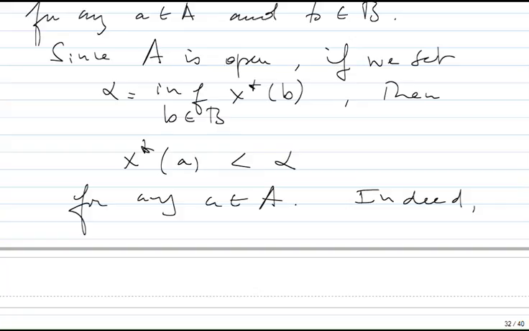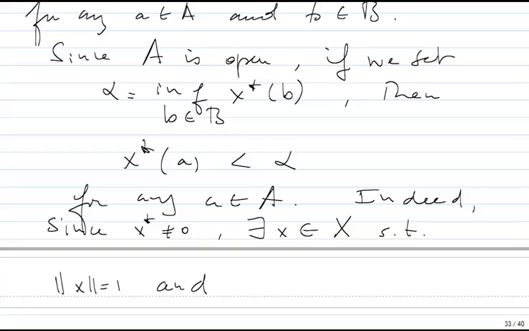since x star is not equal to 0, there exists x in X such that the norm of x equals 1 and x star of x is equal to the norm of x star, positive. Okay?